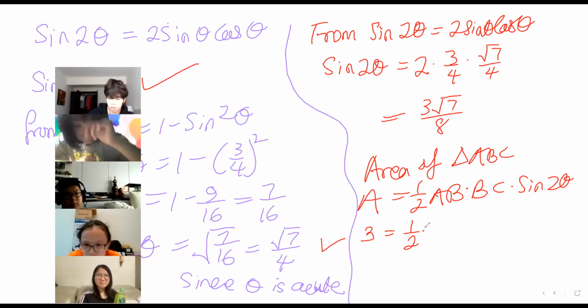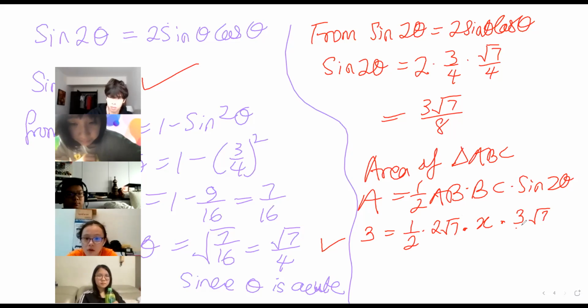AB is what? 2 root 7. And BC is x. And sine 2 theta we have just found, 3 root 7 over 8.